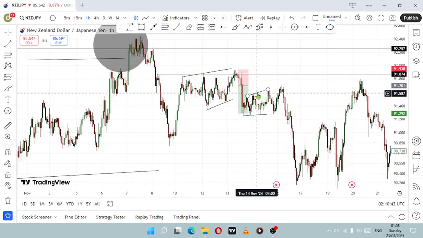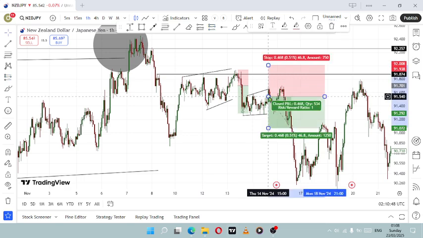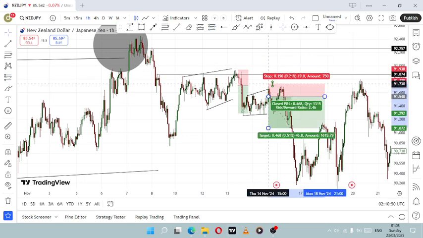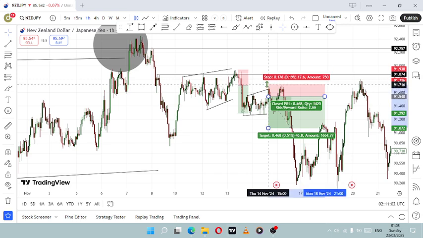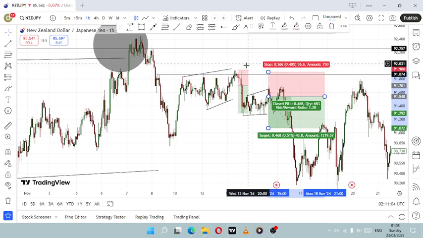So 1, 2, 3. Because of the 4-hour non-structured, here will be the risk entry on the 1 hour. You put your stop above the highs, 16 pips, or if you want to be fully protected, you can put your stop above this high here, 30 pips.